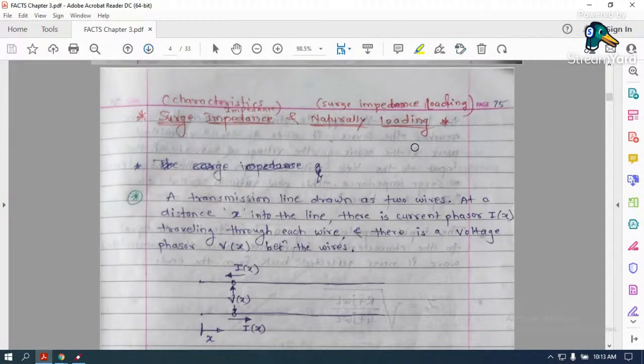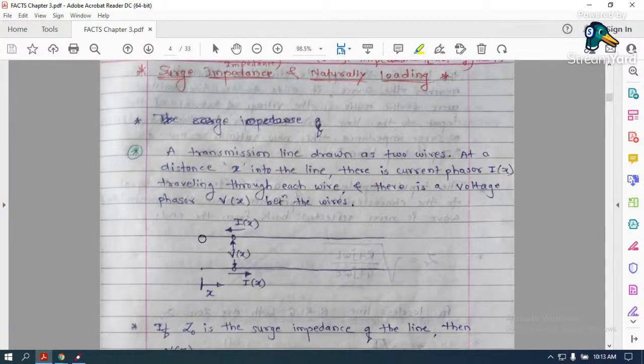Okay, now let us focus on this characteristic impedance or surge impedance, and then SIL, that is surge impedance loading. In the previous lecture, I told you to just read about surge impedance loading.